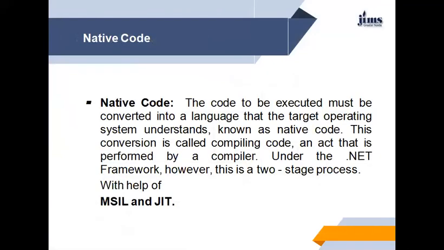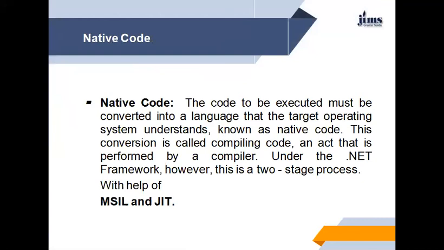Now we will discuss two more topics like native code and MSIL. Native code: the code to be executed must be converted into a language that the target operating system understands, known as native code. This conversion is called compiling code, an act that is performed by a compiler.